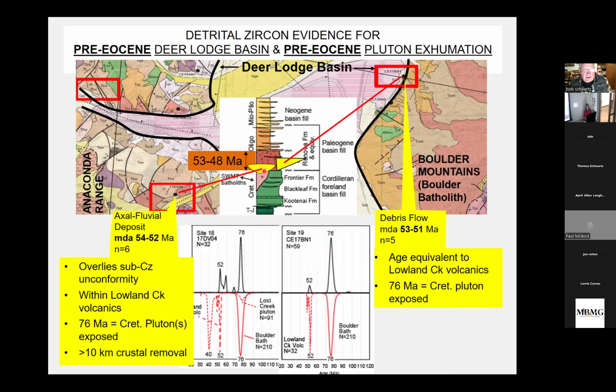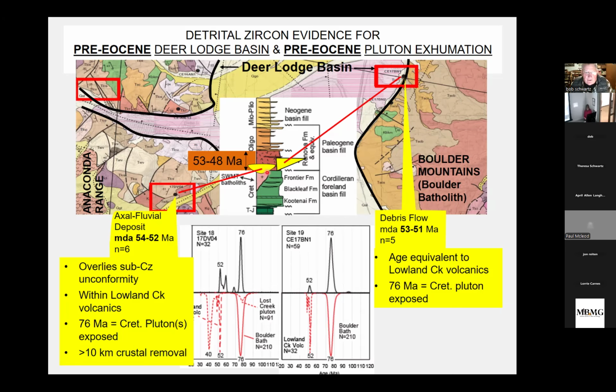Similarly, if you come over here to this axial fluvial deposit, this one is particularly of special importance because this does unconformably sit upon a granite thought to be the same as Boulder batholith granite.